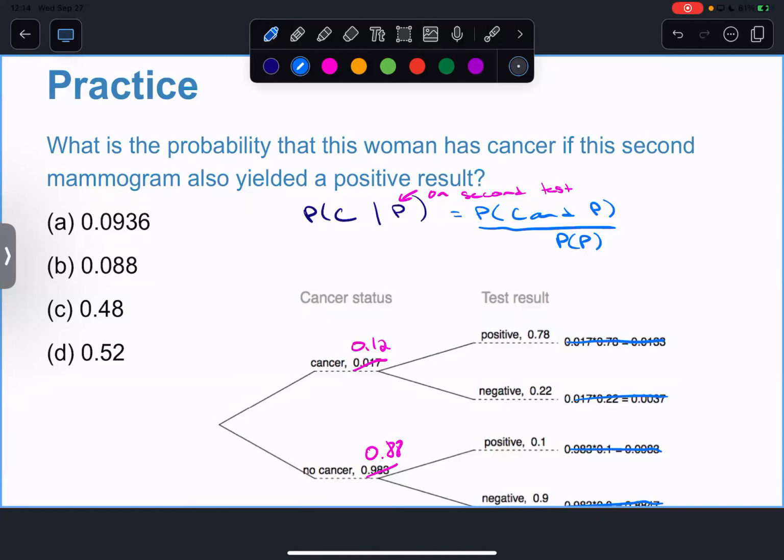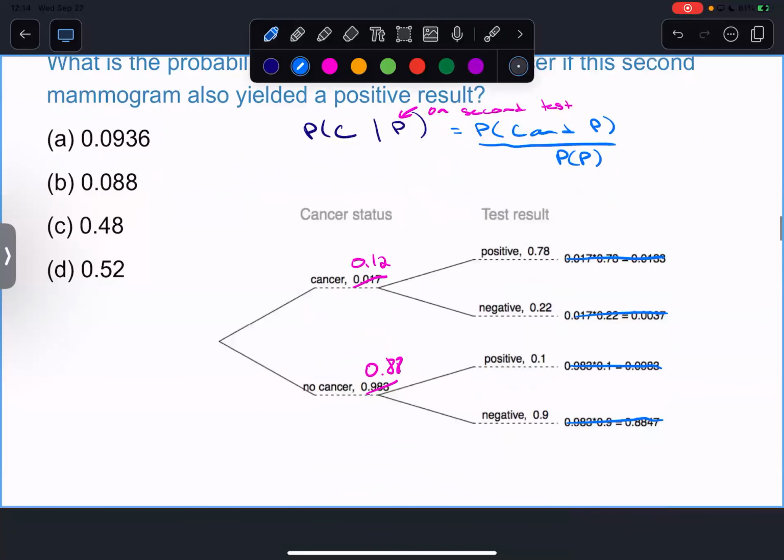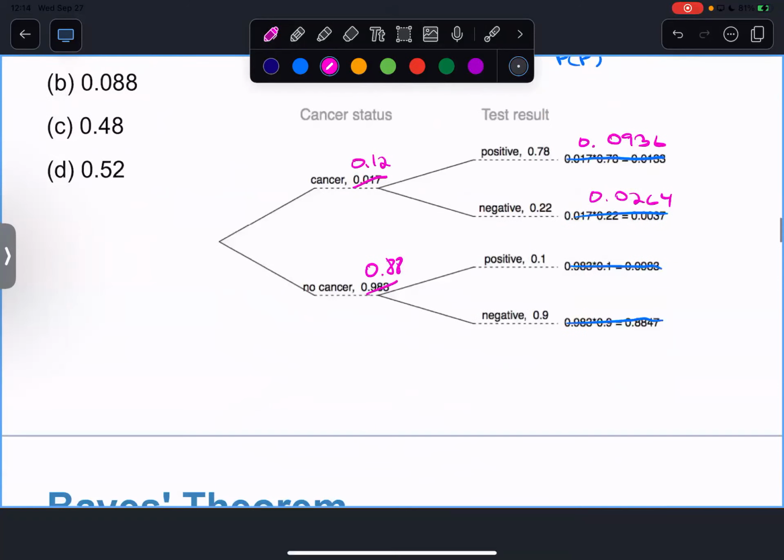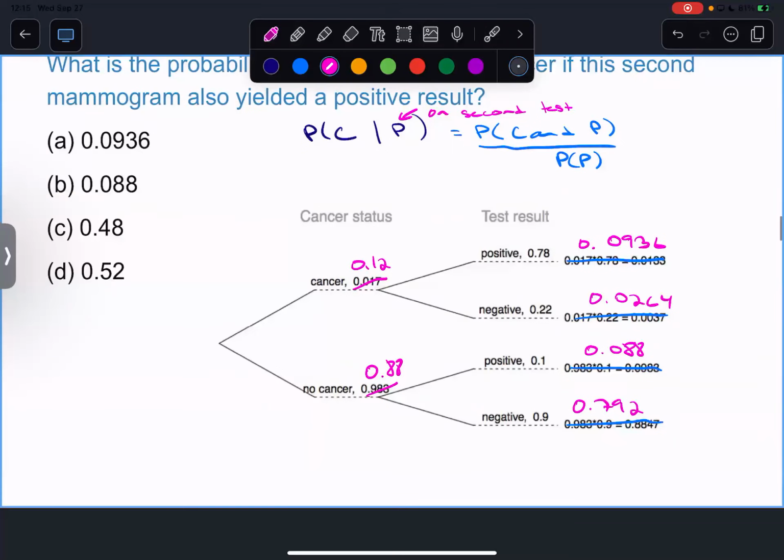So now I can multiply down these branches and I can find, and I'm going to steal it again, 0.12 times 0.78 is 0.0936. 0.12 times 0.22 is 0.0264. 0.88 times 0.1 is 0.088 and 0.792.